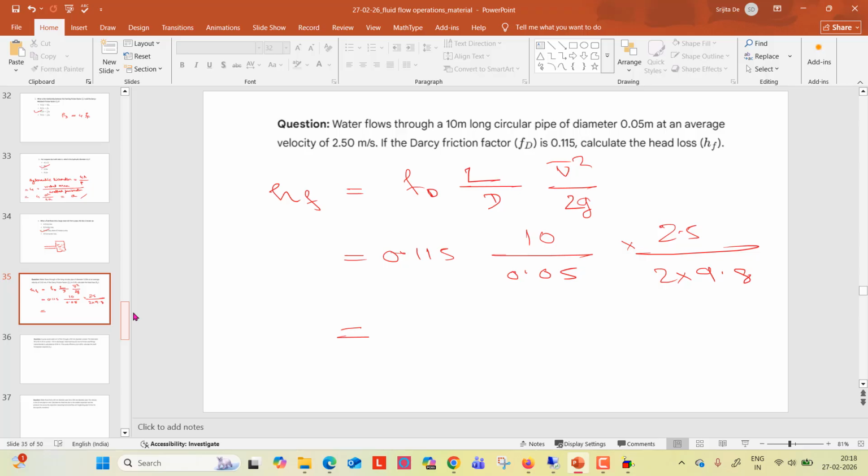So it will be 2.5 whole square. It is 7.326 meter. This is the answer. Okay. Next.